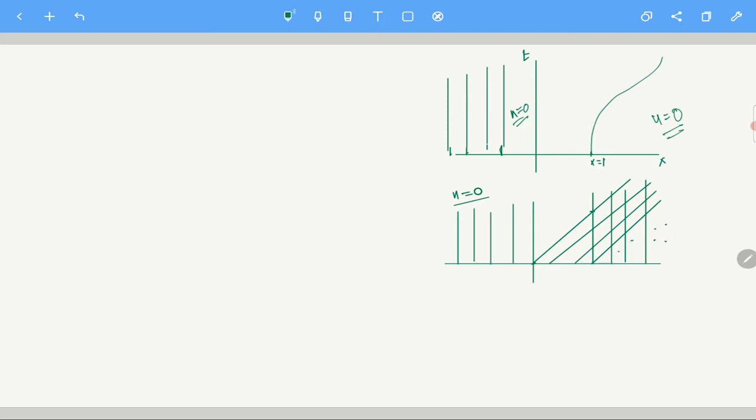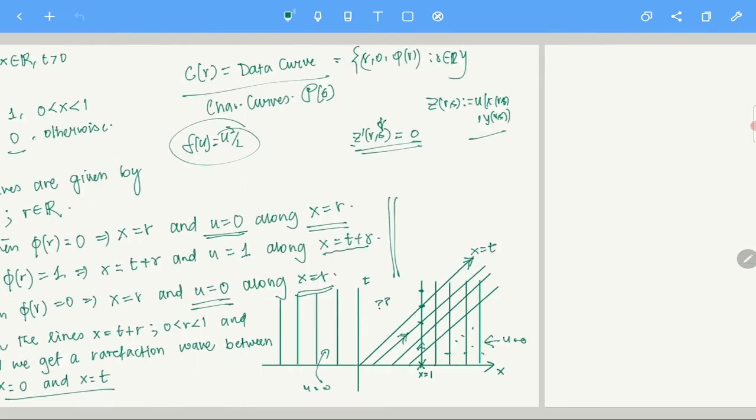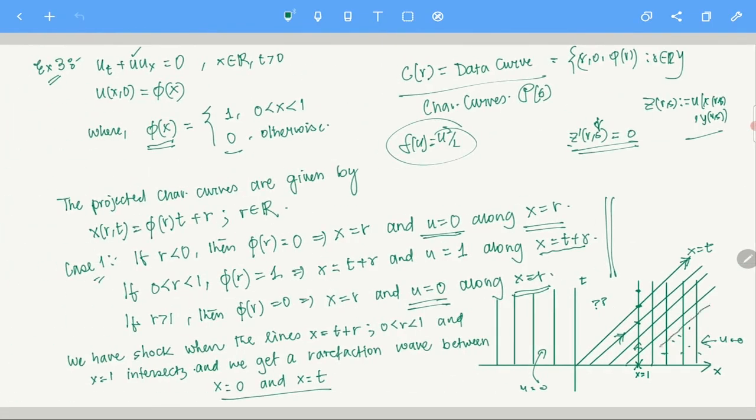My issue here is only in this region. What happens here? Because the projected characteristic curves intersect. Here, in these parts, there are no intersections, in all of these areas.